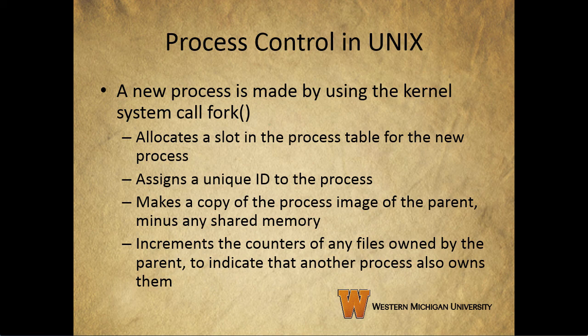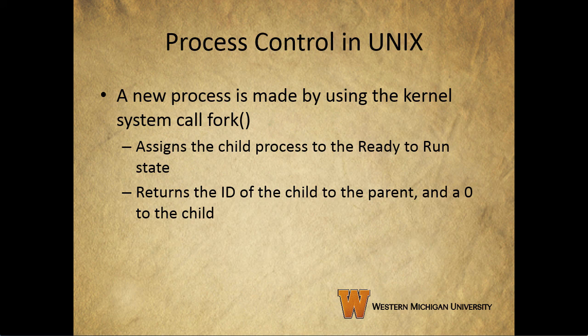Now, let's finish up Chapter 3 by talking just a little bit about process control in UNIX. A new process is going to be made by using the kernel system call fork. This allocates a slot in the process table for the new process, assigns a unique ID, makes a copy of the process image of the parent minus any shared memory, increments the counters of any files owned by the parent to indicate that another process also owns them, assigns the child process to the ready-to-run state, and returns the ID of the child to the parent and a 0 to the child.